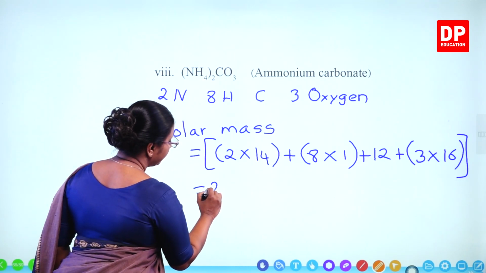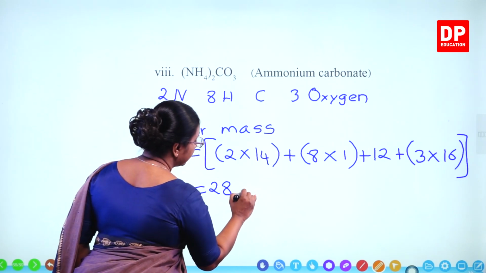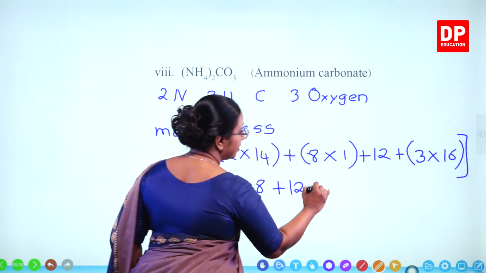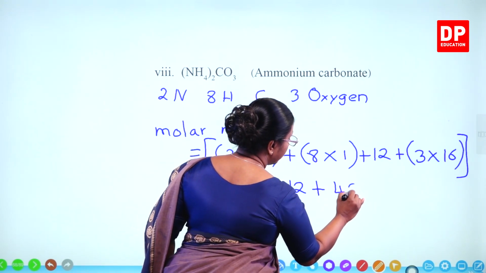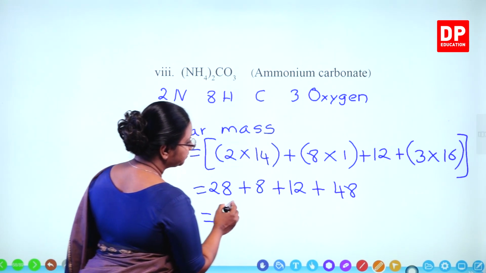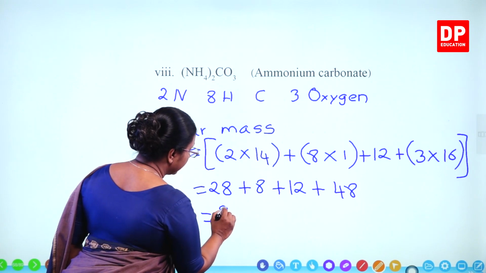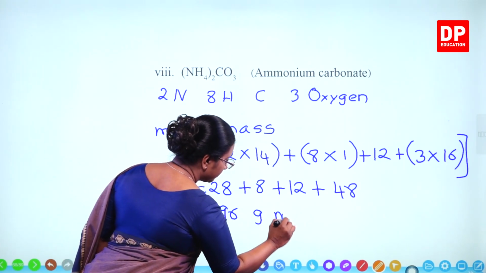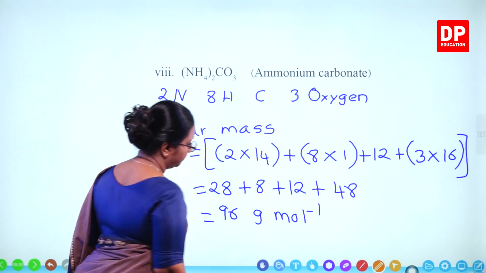So, then it becomes 28 plus 8 plus 12 plus 48. So, when you add them together, 96, what is the unit? Grams per mole.